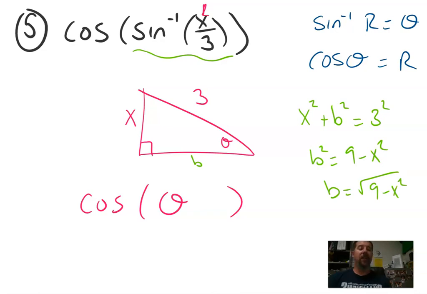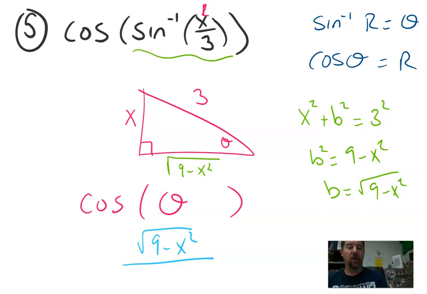Now that I know this side, even though I don't know what x is, I can find the cosine of this angle. The cosine of this angle is the adjacent, square root of 9 minus x squared, over the hypotenuse, 3. And there we have our answer.